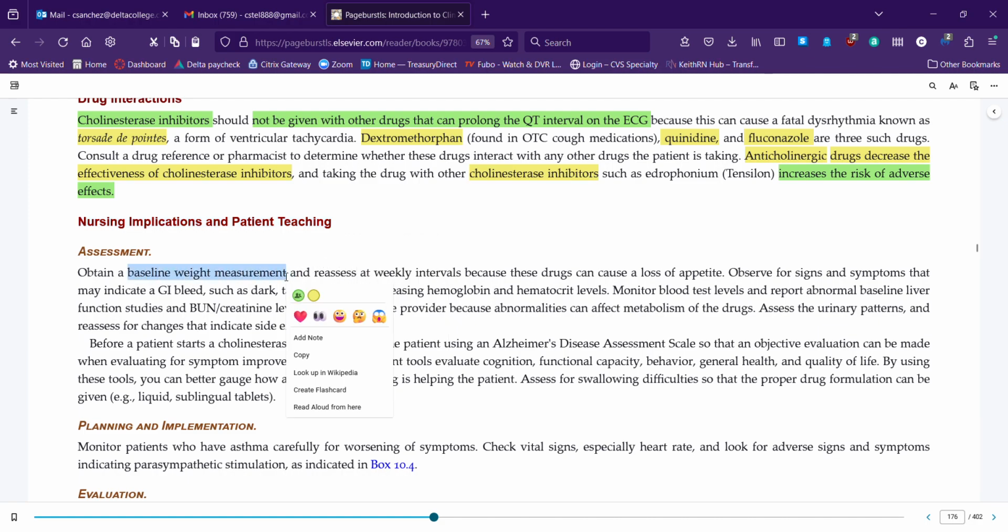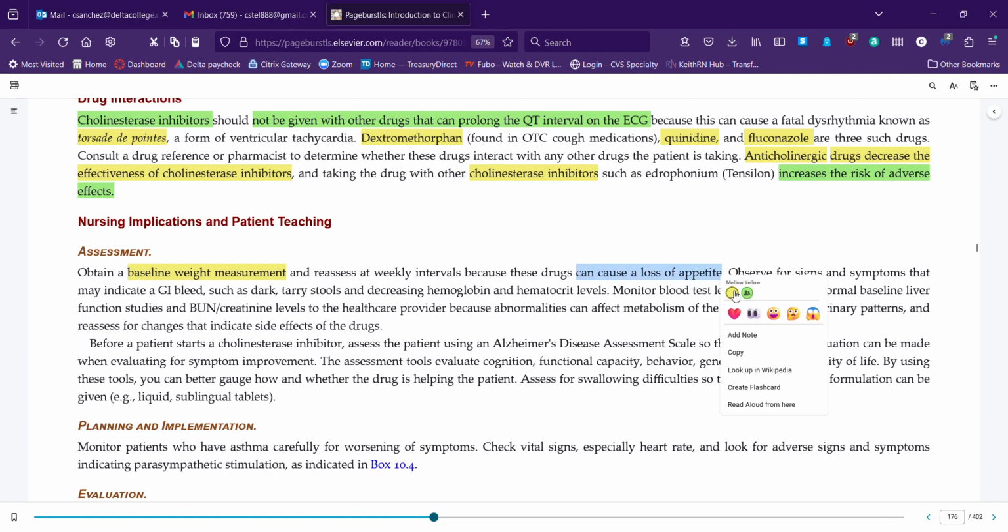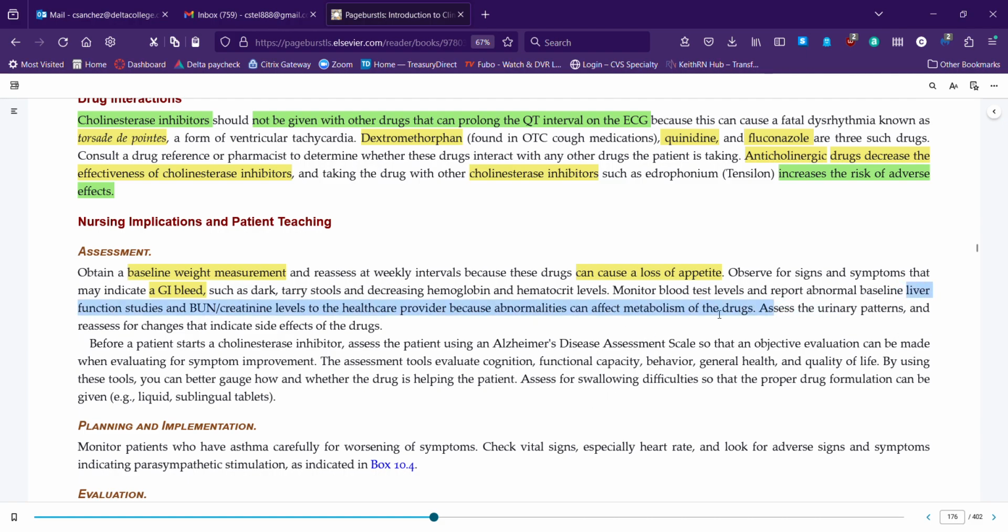So some nursing implementation and patient teaching. So you want to make sure you're getting a baseline weight on your patient. You want to reassess this weekly because the drug can cause a loss of appetite. You also want to observe for signs and symptoms of GI bleed. So that's going to be things like your tarry stools, decrease in your H&H levels.